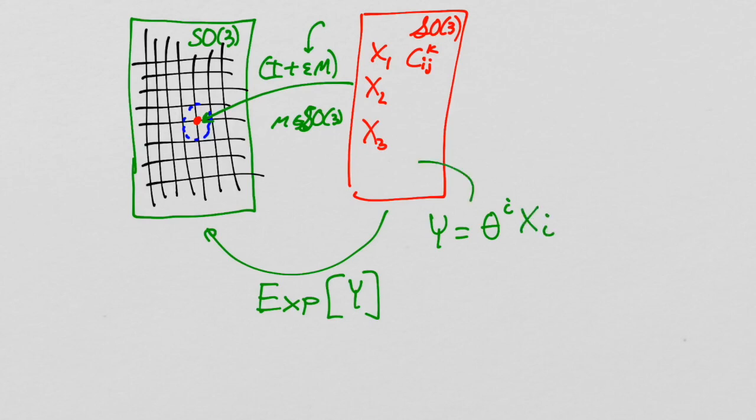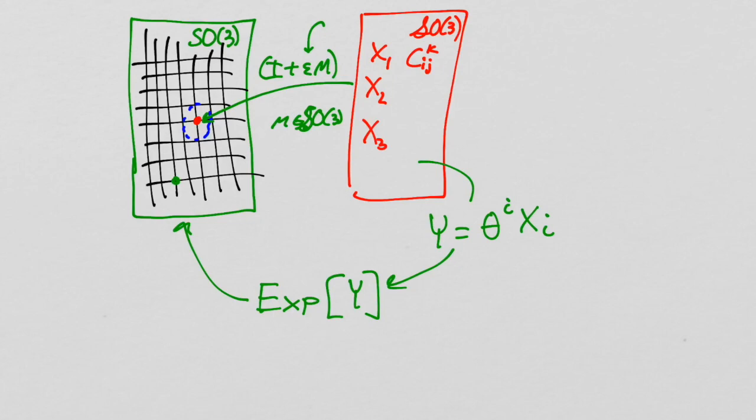So y comes out of the algebra, goes to the exponential map, and then the exponential map takes it into some element of the group SO3. I keep having to say SO3. It means the group or the algebra, right?